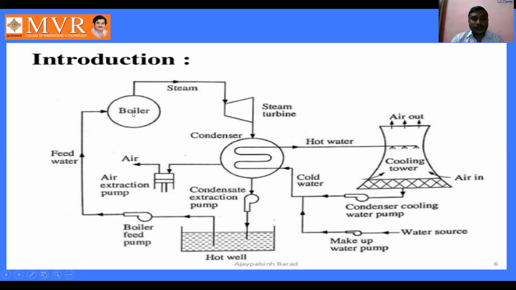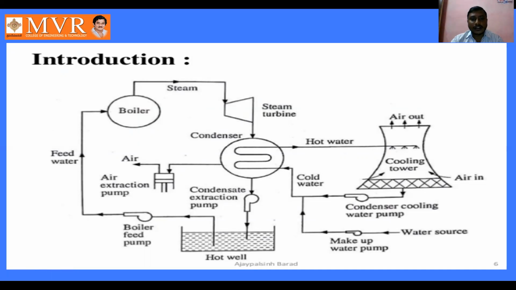When we feed water into the boiler, it converts the feed water into steam, and the super saturated steam enters the steam turbine where work takes place. Then the hot steam enters the condenser with high pressure and high temperature.